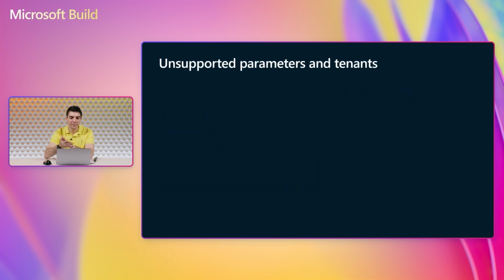Now, we have a few unsupported parameters and tenants that we are going to address in the future, one of which is expand, except the transitive manager that I showed you before. The generic expand will silently fail, so if you try to add an expand clause, the query would not fail, but you will not see the expanded property.